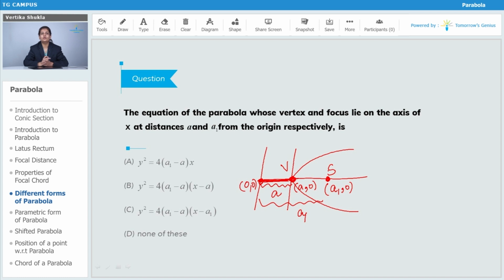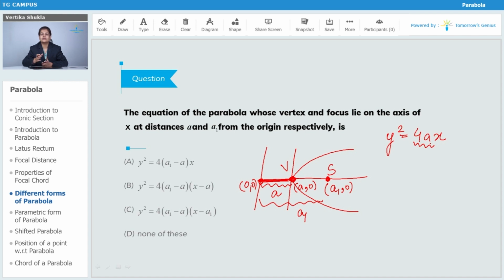Now they are asking what the equation of this parabola will be. As I can see from the diagram, the parabola is of the form y² = 4ax. What is 4a? 4a is the length of the latus rectum. But I also told you that a indicates the distance between the vertex and the focus of the parabola.